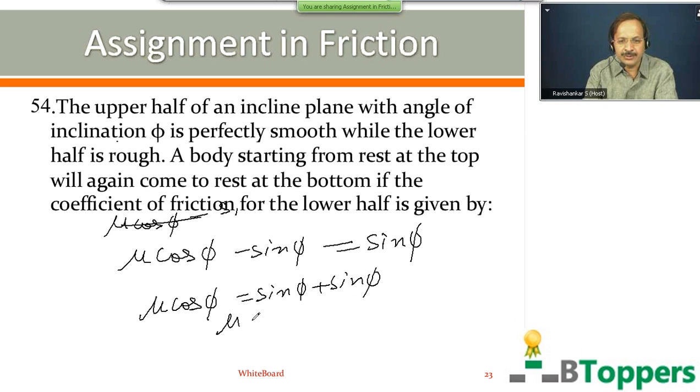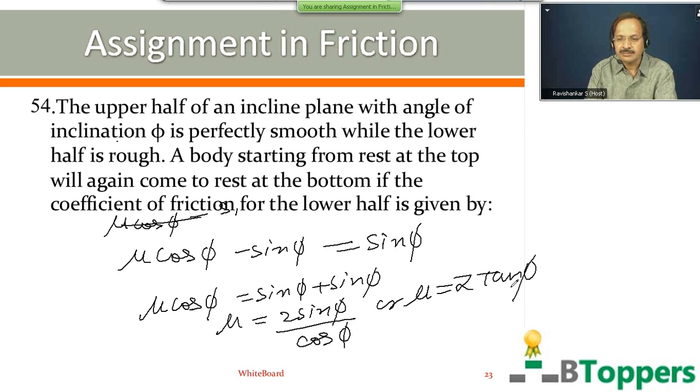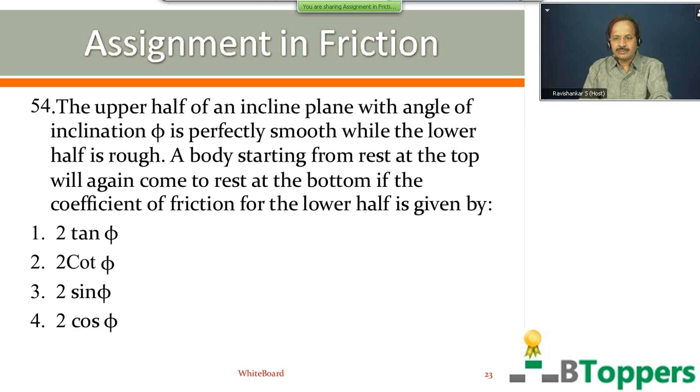From that you get the value of nu, you can simplify it yourself. You get nu equal to 2 tan phi. For 54, the first option is the answer.